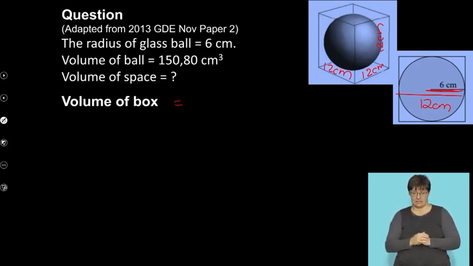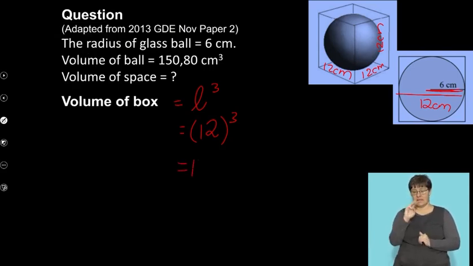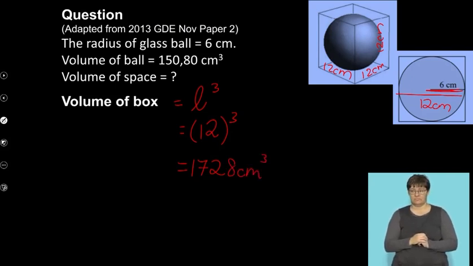But as it is a cube, each of these lengths is actually the same. So the volume of a box is length cubed. And then if I substitute in 12, it's going to be 12 cubed. So we're going to find that in our calculator. So 12 to the power of 3 is going to give me 1,728. So I'm going to carry this across so that I can actually determine how much of the box is empty.